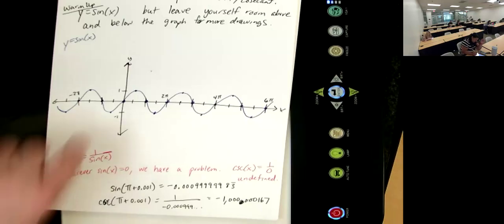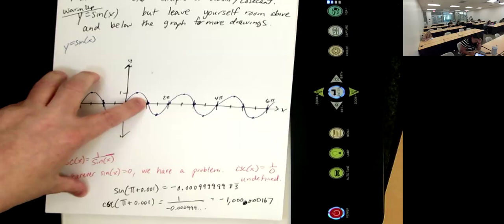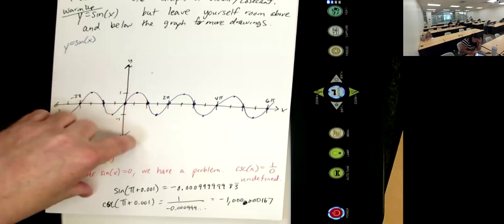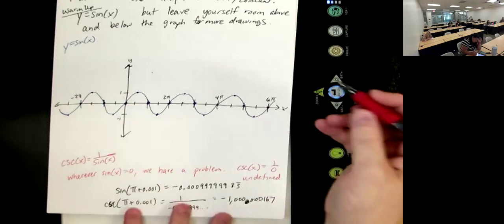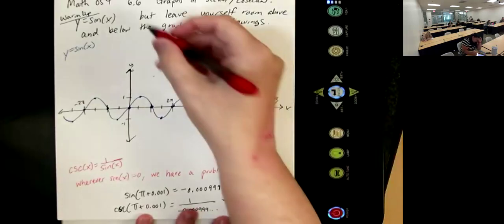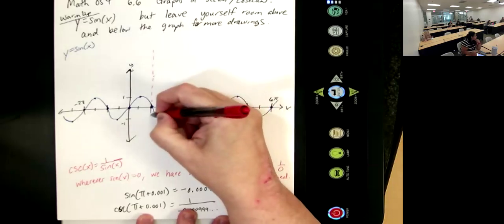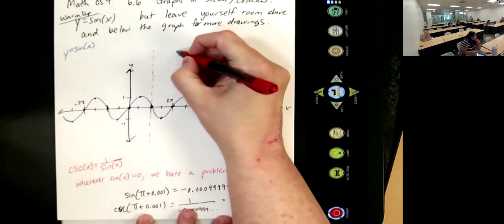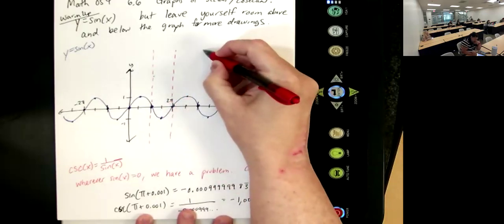So when I am just a hair past pi, plus 0.001, we didn't add anything to it, it's at negative 1,000, completely off the screen. What's happening is everywhere we have a 0 is generating an asymptote, a line that can't be crossed. Everywhere sine equals 0 has an asymptote for cosecant.